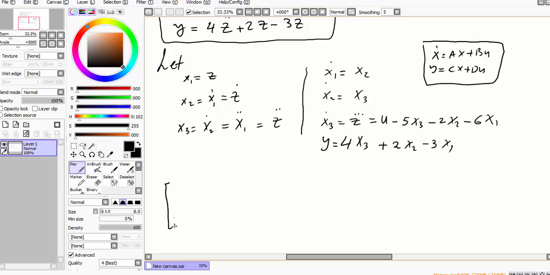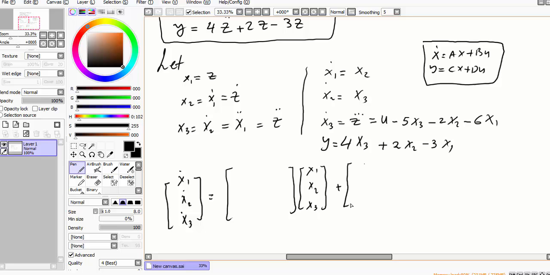So here we have a three-dimensional system. x1 dot, x2 dot, x3 dot will equal some 3 by 3 matrix times our states x1, x2, x3, plus some column vector, because we have only one input, it's just u.